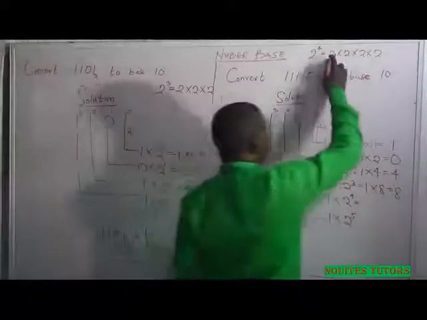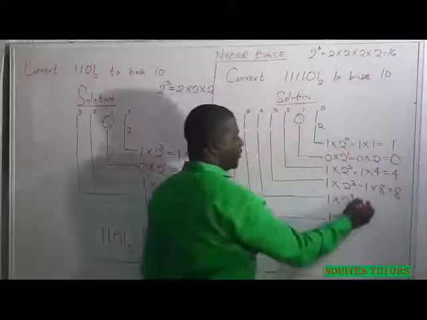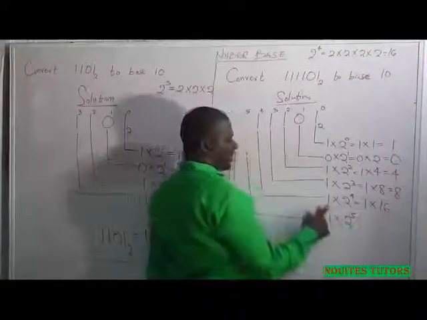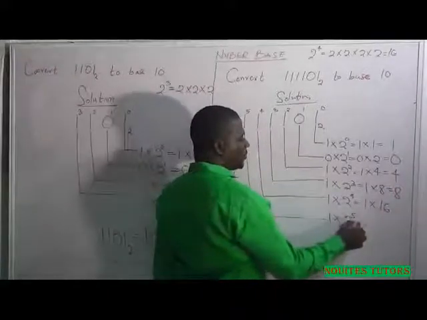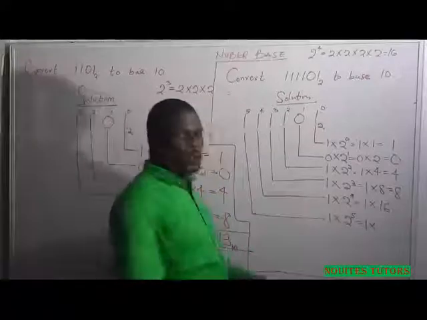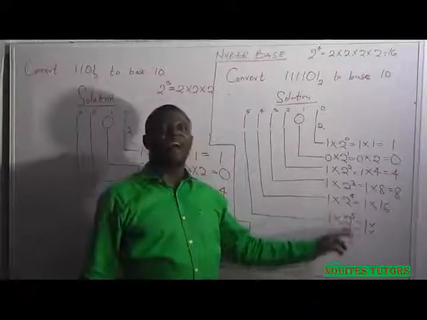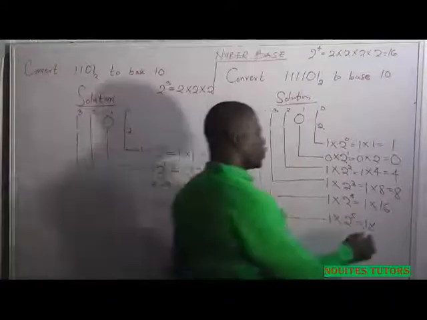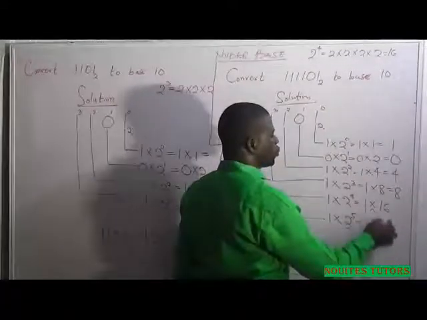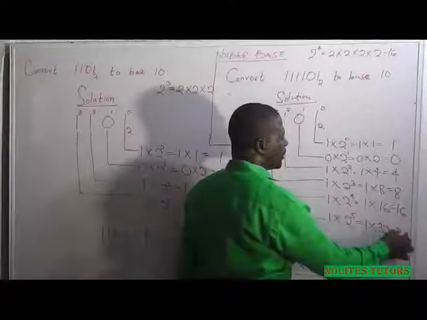And of course, 2 times 2 is 4, times 2 is 8, times 2 is 16. So you have 1 times 16. That is this 1. Then 1 times 2 raised to power 5. 2 raised to power 5 means 2 in 5 places. And of course, 2 in 5 places is what? 32. So 1 times 16 is 16. 1 times 32 is 32.